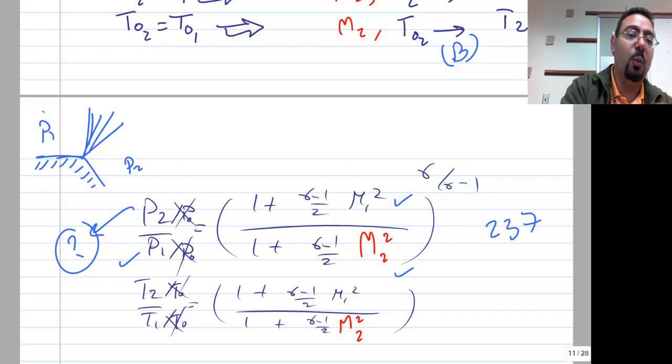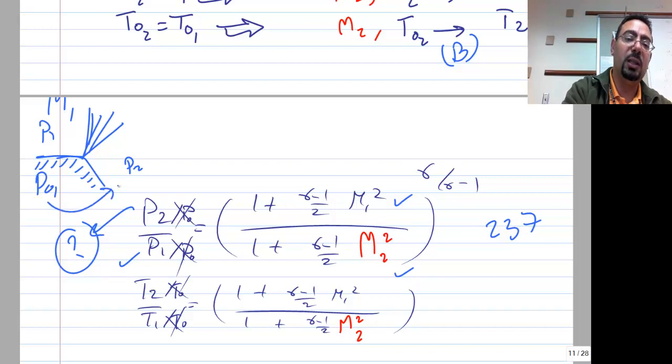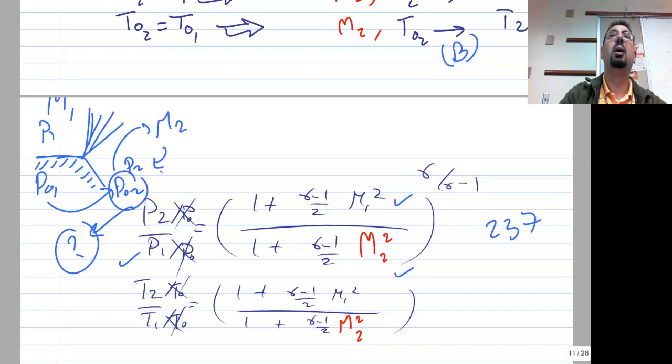Imagine if you have M1 and P1, what you will do? You will have to go to appendix P to calculate P01. And then you say P01 is the same as P02. And then you say, well, P02 and M2, I can calculate P2. And that's how you do it. But this equation allows you to immediately jump from P1 and M1 to get P2. Does this make sense?